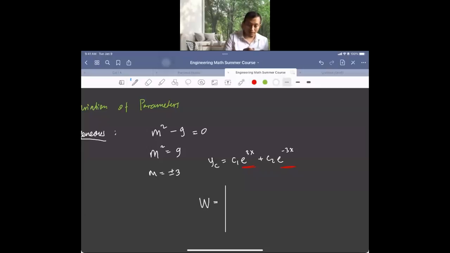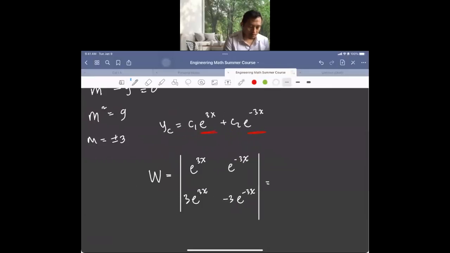So we are going to check the Wronskian through the determinant. The determinant that we already learned in matrices is also useful in variation of parameters. So the first row is the functions, and the second row is the derivatives. The determinant will be equal to, you can check, multiply this.